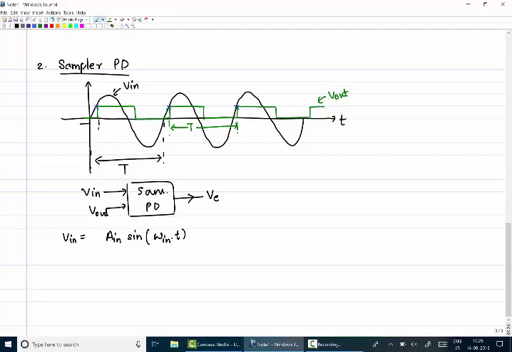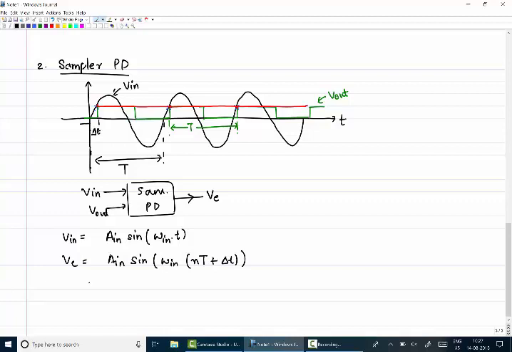If I have a delta T phase shift of the sampling clock with respect to the input clock, then my V error will be A in times sine of omega in times (n times the time period plus delta t). Okay, so if I look at the V error output, it is a sample and hold circuit I am having, so this is always going to be the same, and so on.